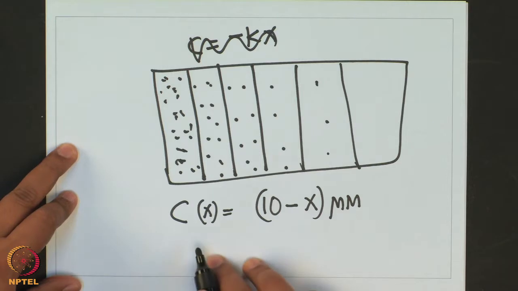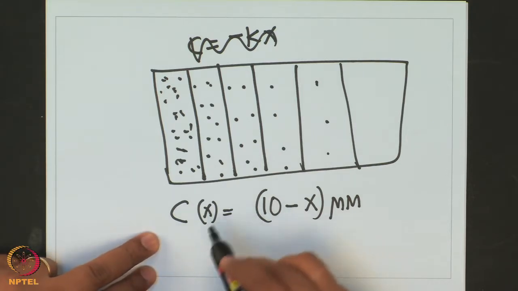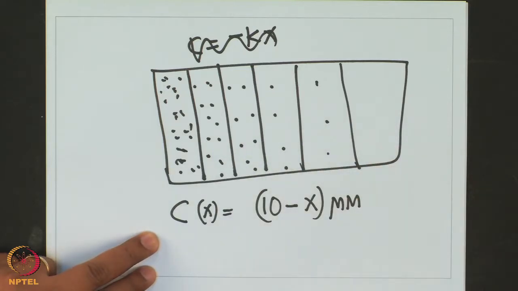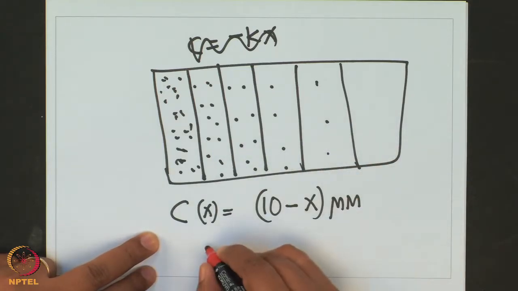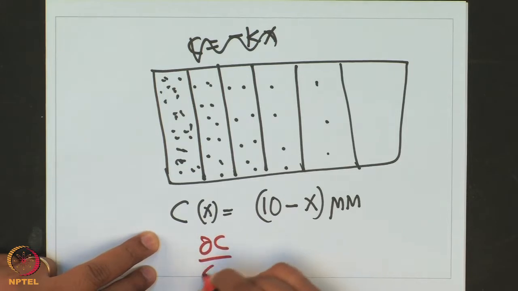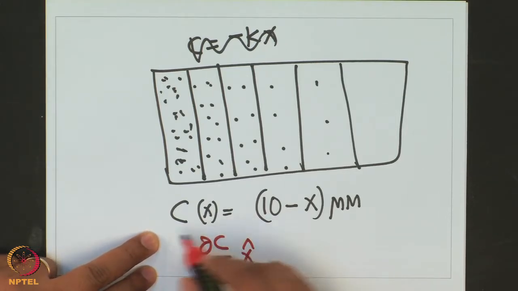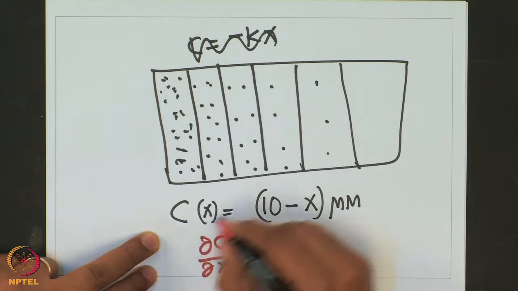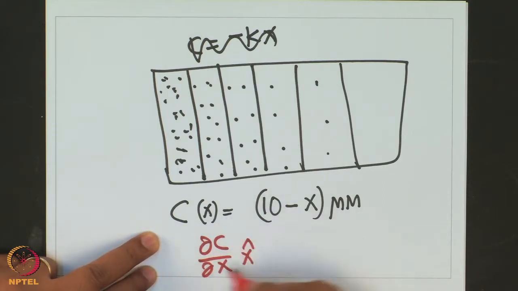Now the fact that the change in concentration happens only along x means that del c by del x x cap would represent the concentration varying only along the x axis and not along the y axis. Del c by del y y cap would represent the change in concentration along the y axis.